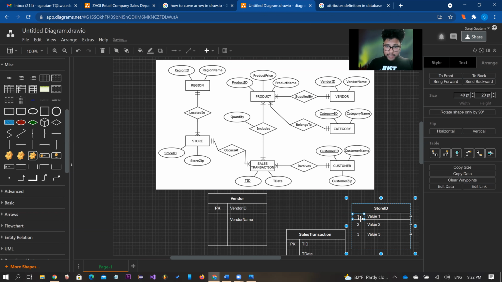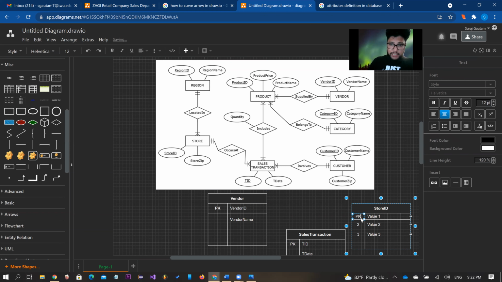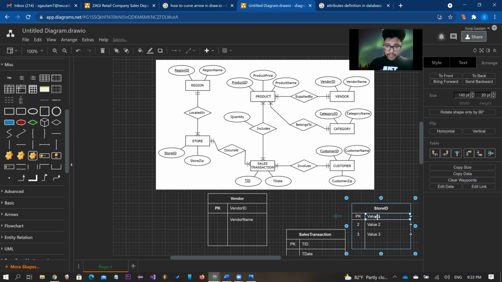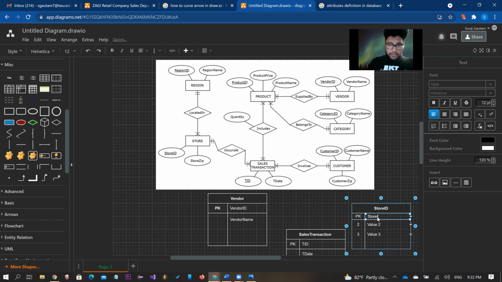And like always, its primary key is store ID. So basically store, like I said, region stores, a store might have its own store ID, but they also have a foreign key called region ID.